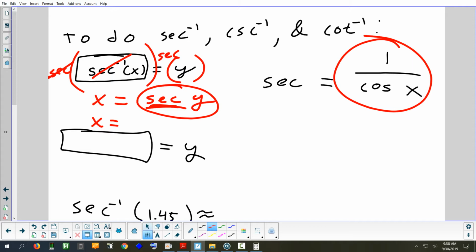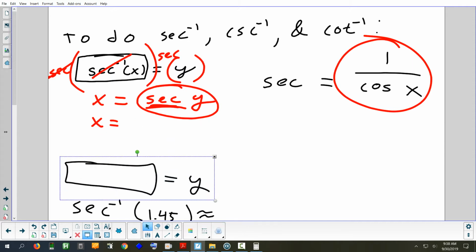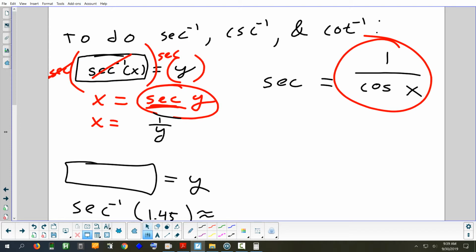Okay. Might need one more line here. This is 1 divided by, secant, how do we want to do it? We want to take and flip it. So I flipped it.